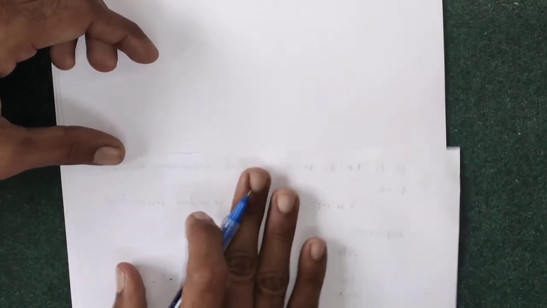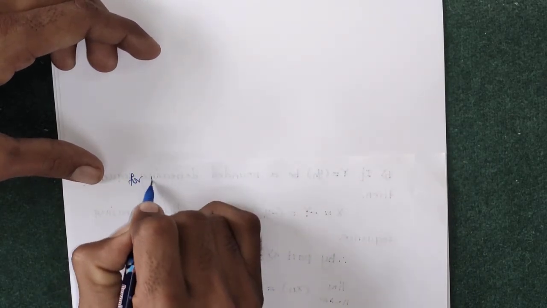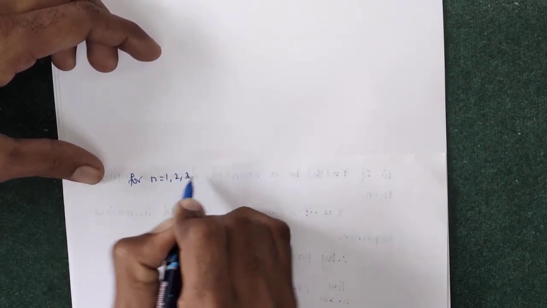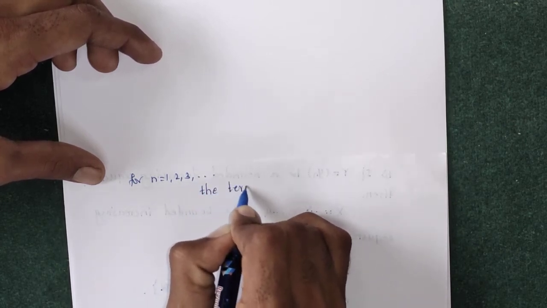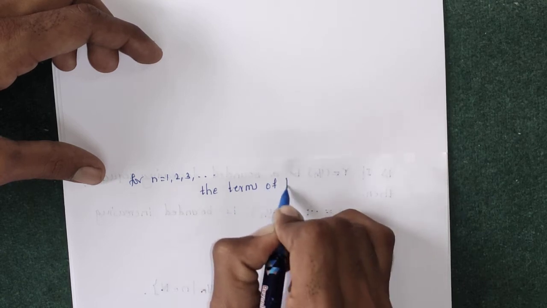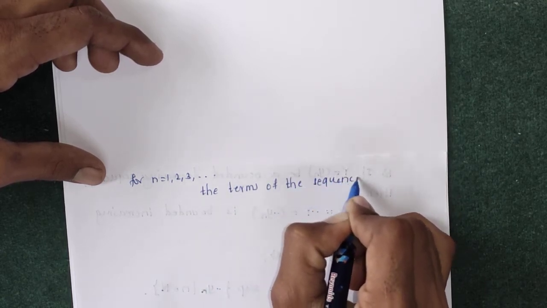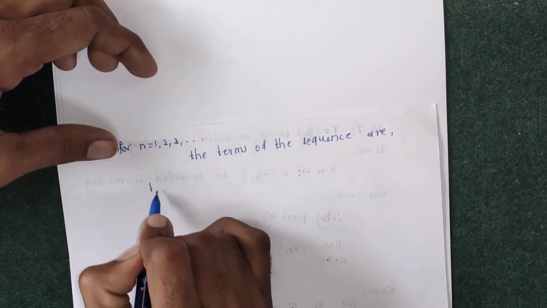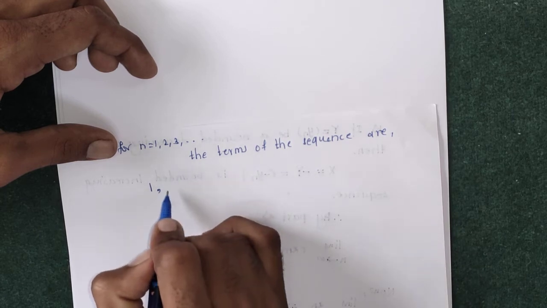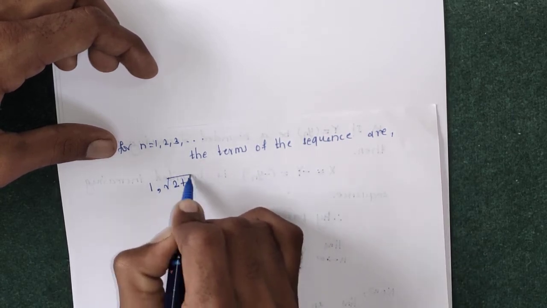So, for n is equal to 1, 2, 3 and so on, we can find the terms of the sequence. For n is equal to 1, we have x1 is equal to 1, and for the next we have square root of 2 plus x1. So, 2 plus 1 is 3.